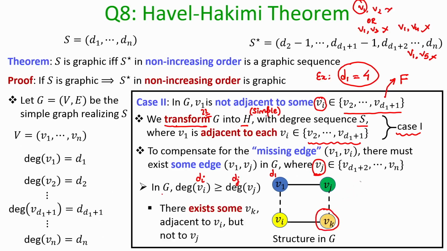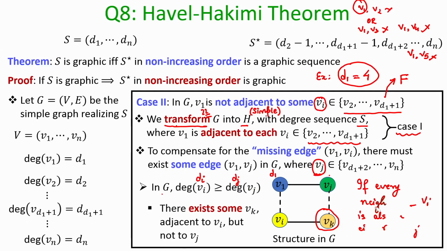Because if every neighbor of V i is also a neighbor of V j, and on top of that V j is a neighbor of V 1, but V i is not a neighbor of V 1, we arrive at the conclusion that the degree d j is more than the degree d i, which is not the case, right.